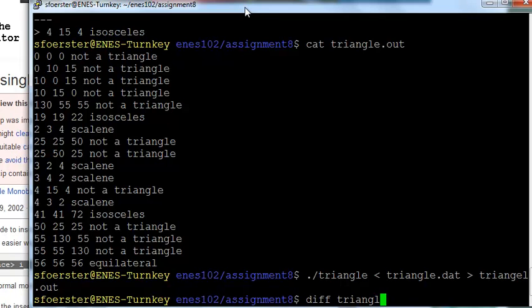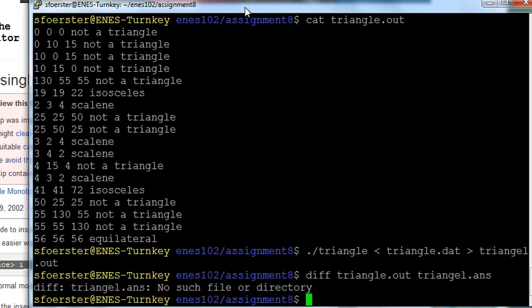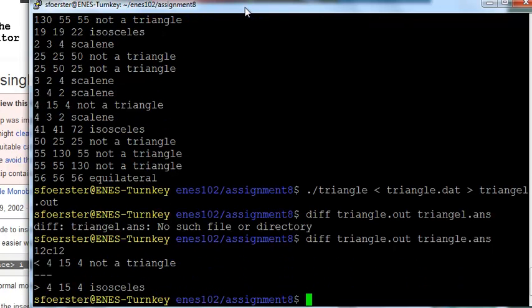Mine's going to be first, and then triangle answers. And mine's the top one. 4 plus 4 is 8, which is less than 15, so it can't be a triangle. He has it labeled isosceles. So there's one error in the answer file. That's it. I'm done.